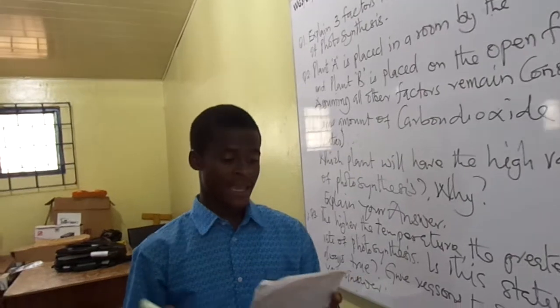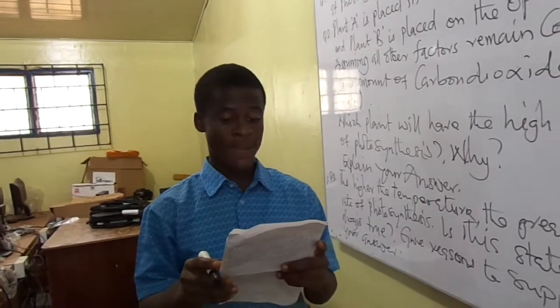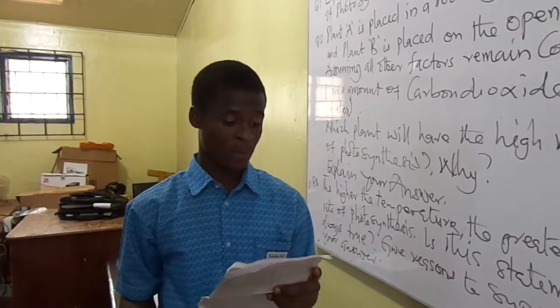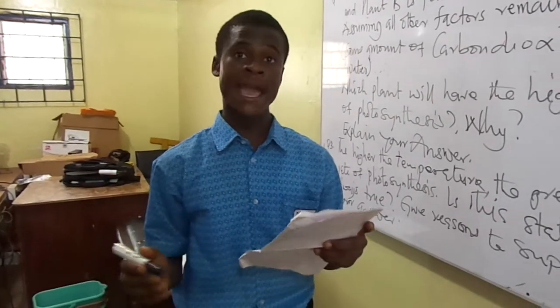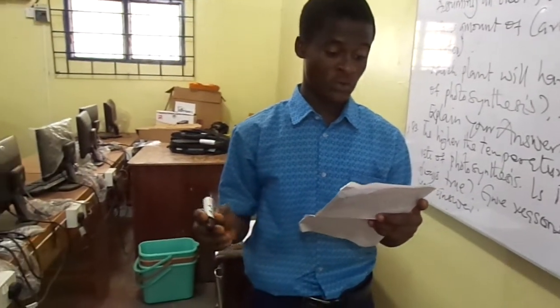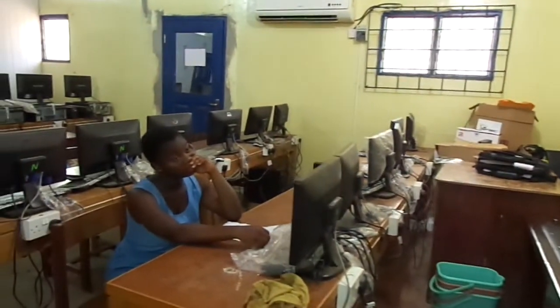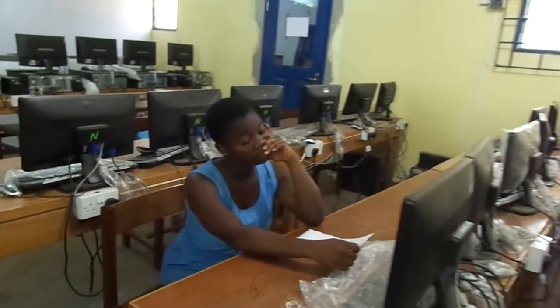This is because temperature in the room may not be as high as it is in the open field, and since temperature is needed to speed up the enzymes for the process of photosynthesis to continue, A will not receive adequate sunlight to help. Hence, B will have much more sunlight, which will flourish the process.